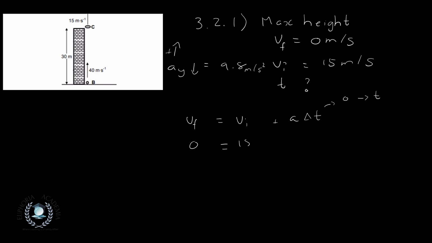Our Vi is 15. It's positive since it's directed upwards, and our acceleration is acting downwards, so this is going to be negative 9.8 multiplied by t. Now, doing some algebra, we're going to find that our t is equal to 1.53 seconds. And that's our answer for 3.2.1.